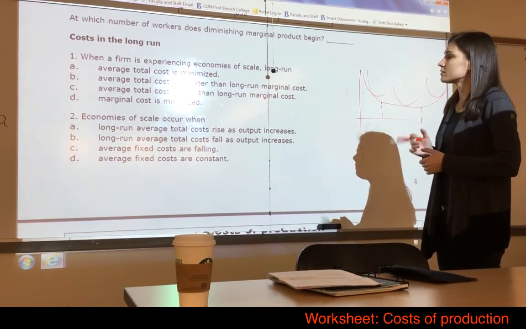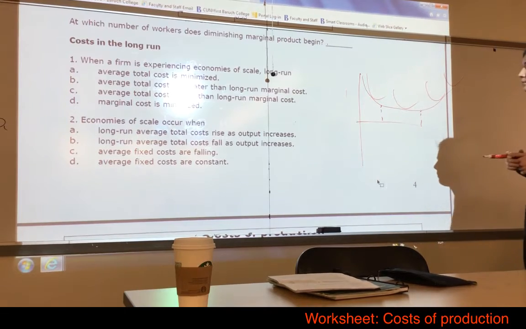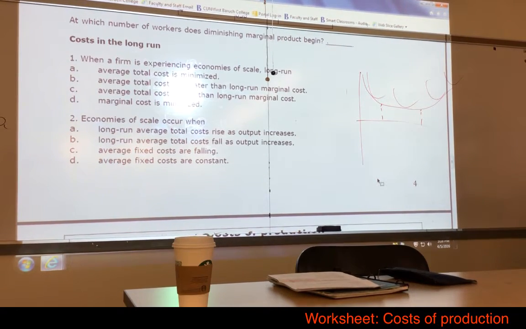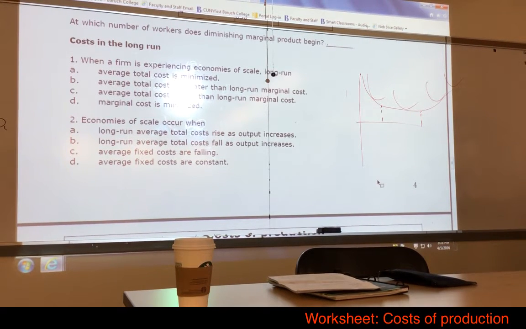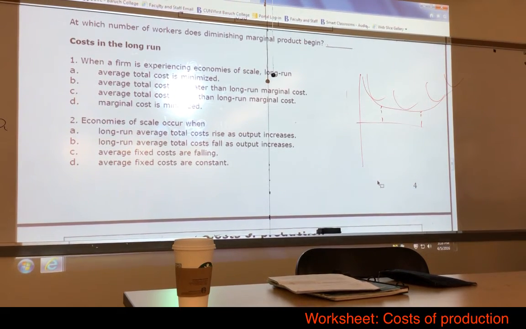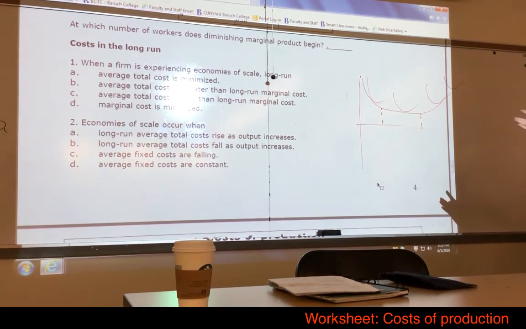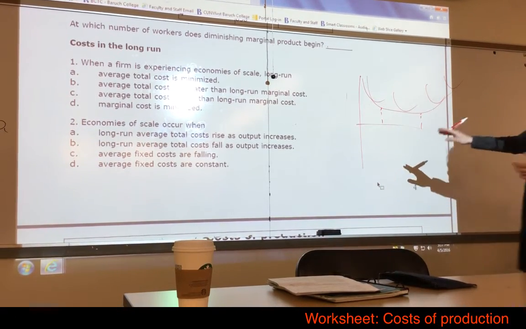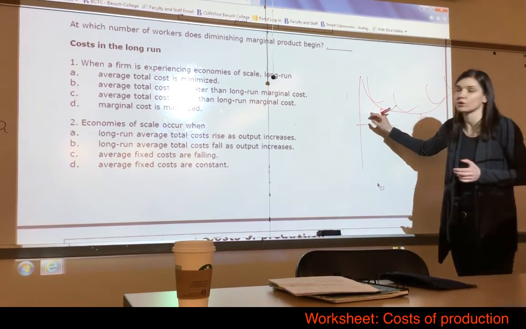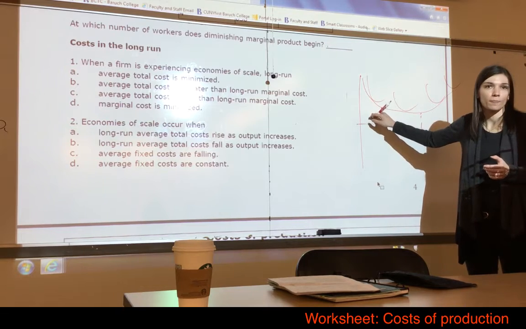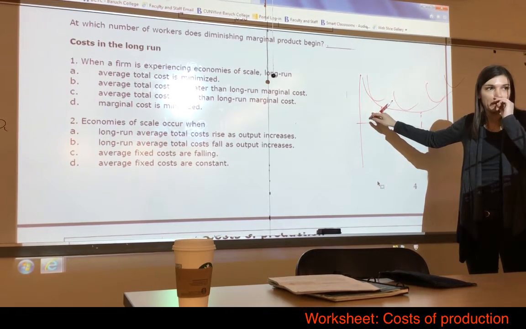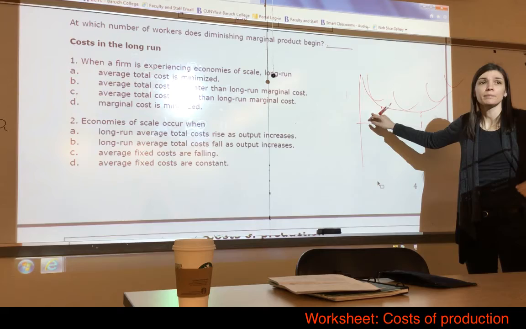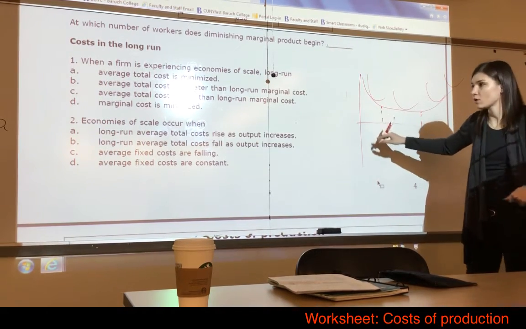Alright, then economies of scale occur when? Economies of scale. Which interval is that again? No, it's the same one. Both questions are about economies of scale. So we're still here. What's going on here? Yes, the cost is falling.